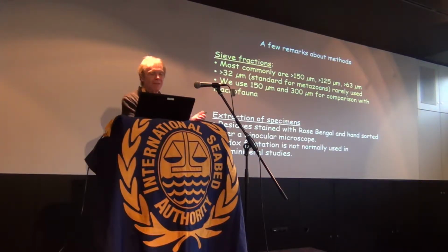This is just a little bit of a diversion, a few remarks about methods, because the methods used to study forams are rather different from those used in the case of the metazoan microfauna. The most commonly used sieve fractions are 150, 125, and 63 microns. The 32 micron sieve fraction, which is the standard lower limit for the metazoan meiofauna, is rarely used.